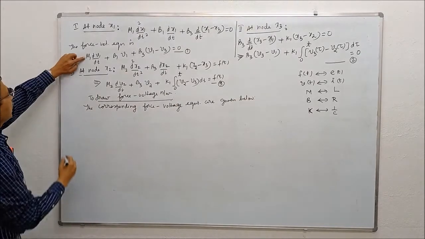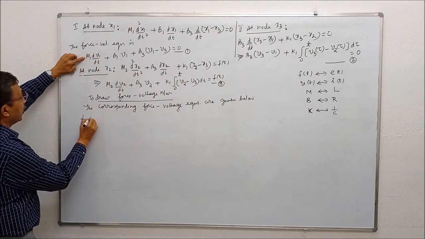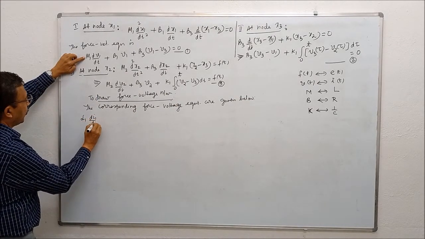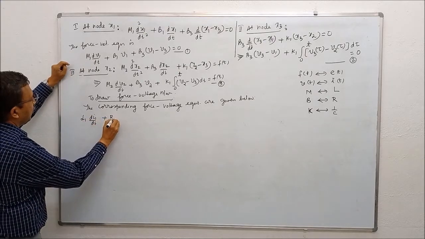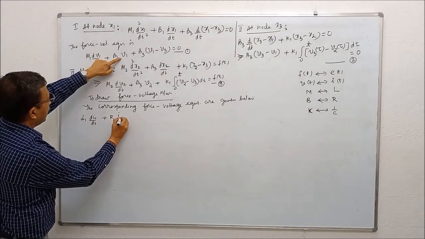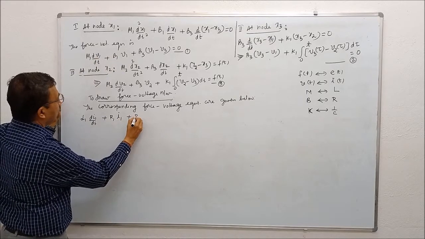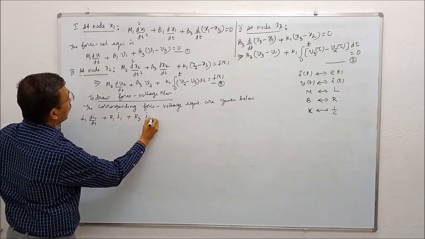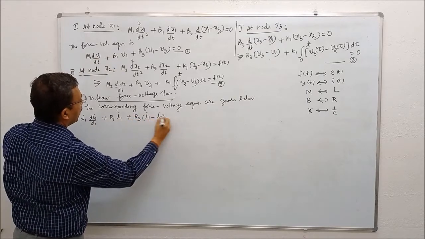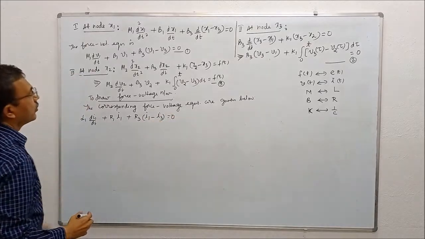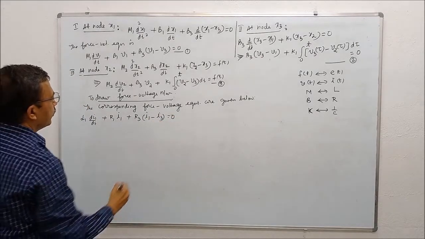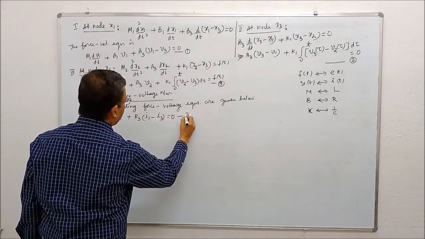Take the first equation. M1 is replaced by L1, V1 is replaced by I1, B1 is replaced by R1, V1 is replaced by I1, B3 is replaced by R3, V1 by I1, V3 by I3 equal to 0. This is equation 7.